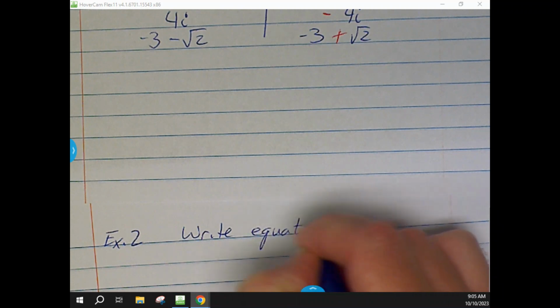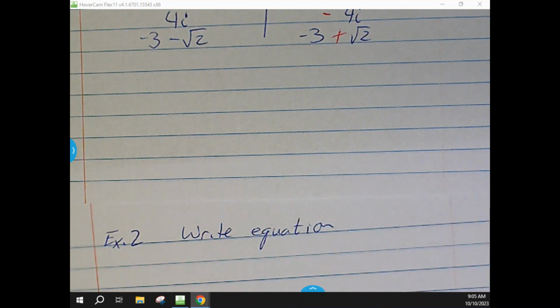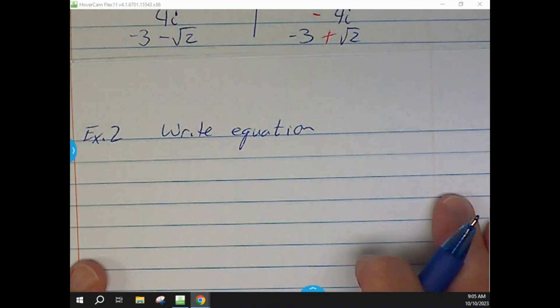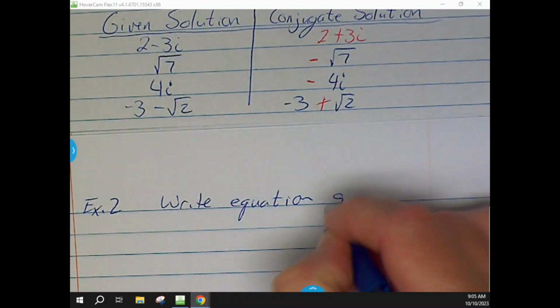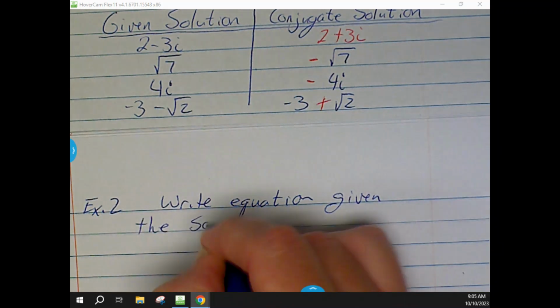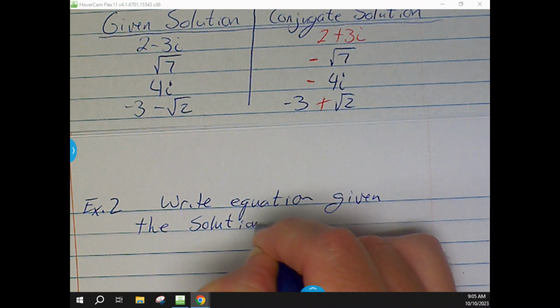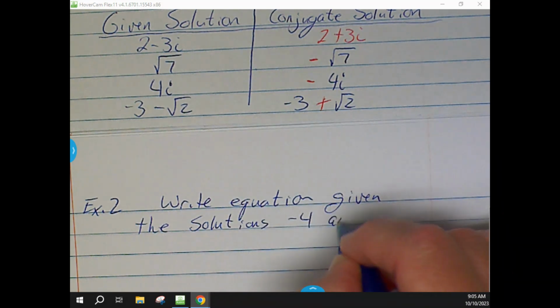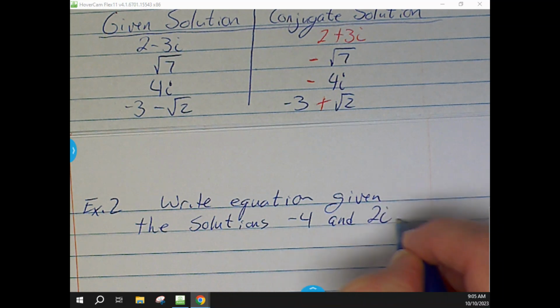We'll make this as short as we can with the directions here. Basically, we're going to write an equation given the solutions, let's go with negative 4 and 2i.